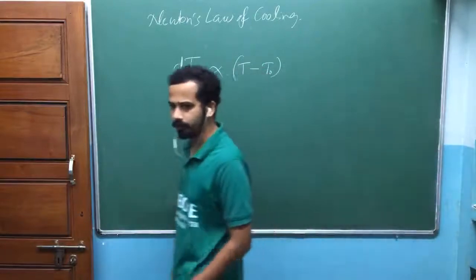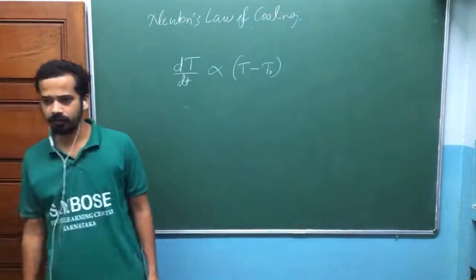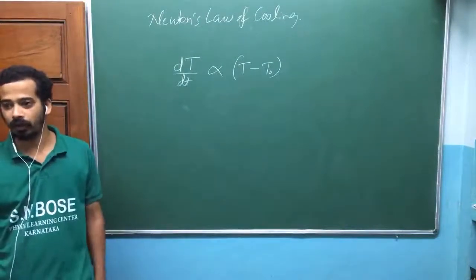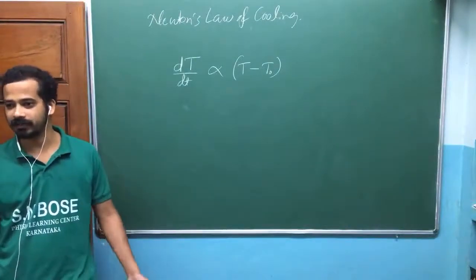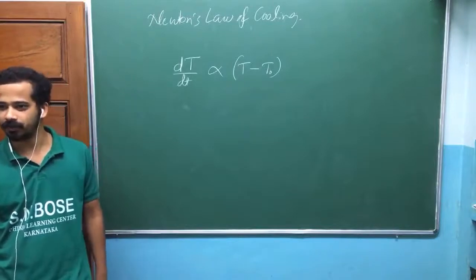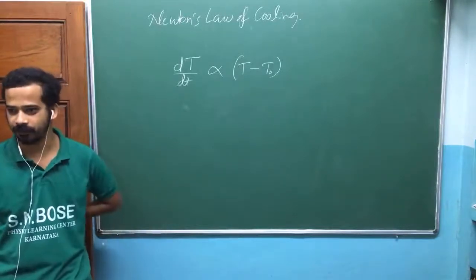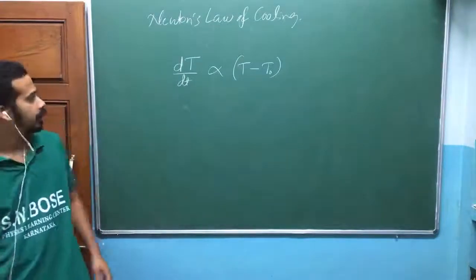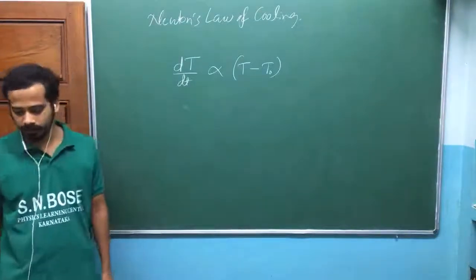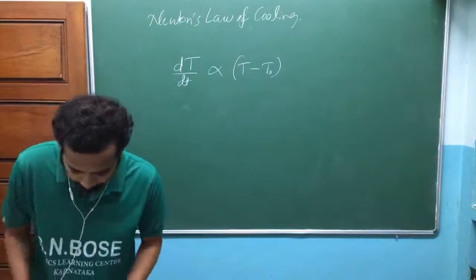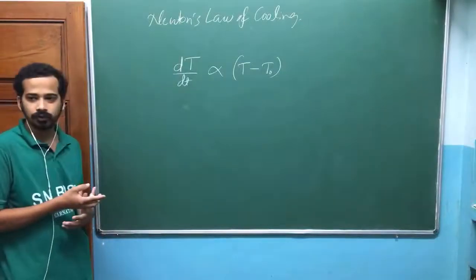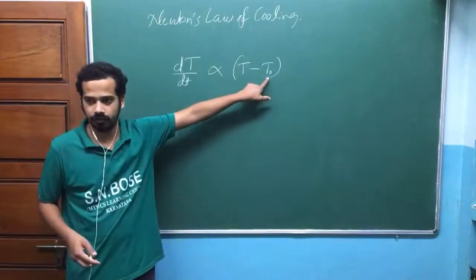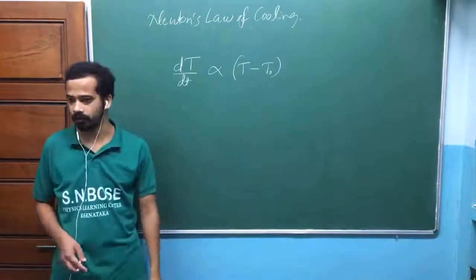Rate of change of temperature, not loss or gain, which is for heat. There is no gain or loss of temperature like that. The rate of change of temperature with respect to time is proportional to the temperature difference between body and surrounding. T naught is the temperature of the surrounding, isn't it?